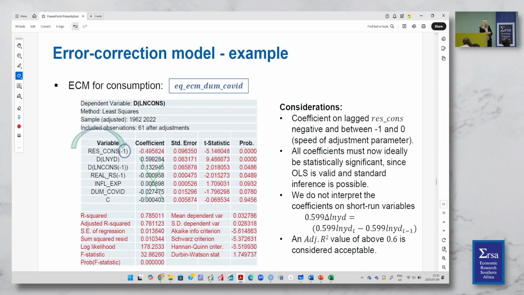And the fact that we don't consider this is because this is already, if you write out the difference of ln yd times that, it will be that times ln yd in period t minus that times ln yd in period t minus 1. So depending if we're going down or up, the impact will be positive or negative.